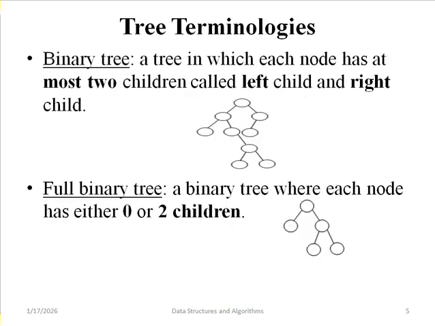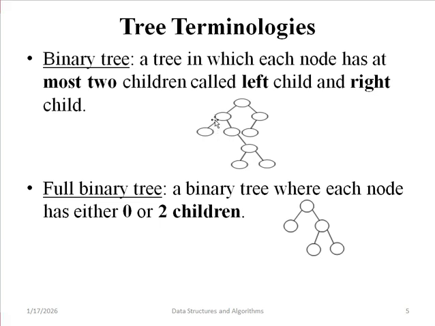A binary tree is a tree in which each node has at most two children, called left and right. So in a binary tree, the maximum number of children that can be added under a given node is 2.